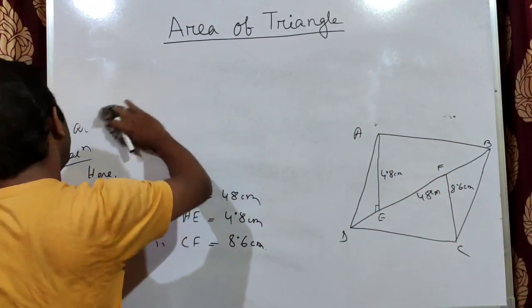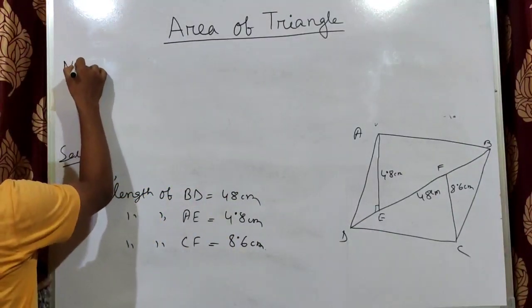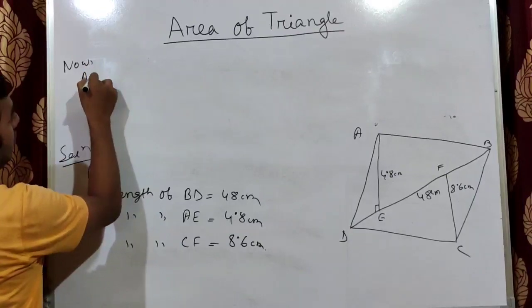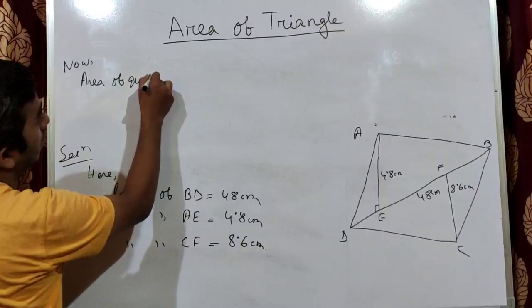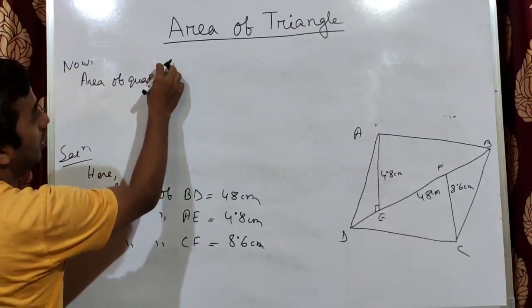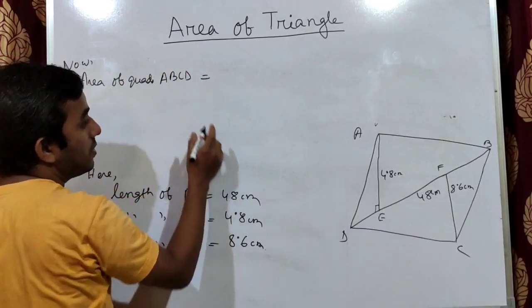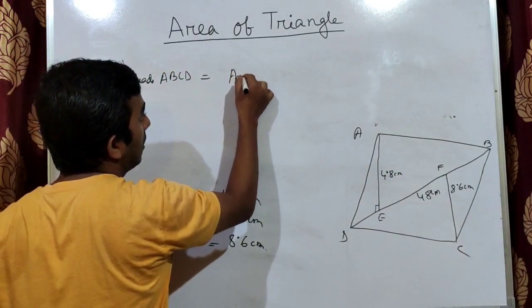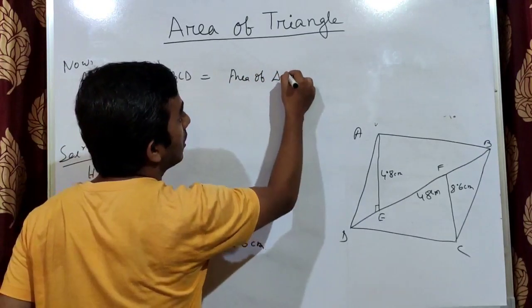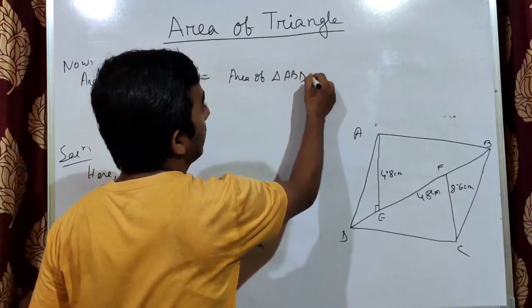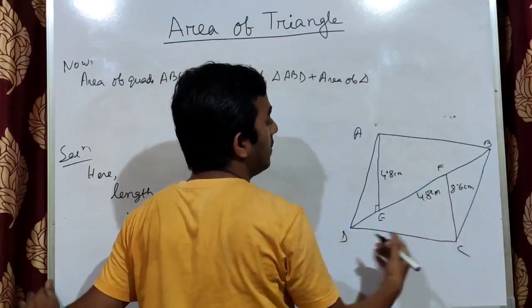Now we will write the area of the quadrilateral ABCD equals area of triangle ABD plus area of triangle BCD.